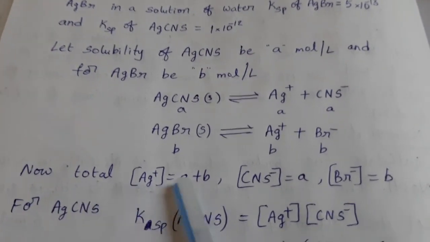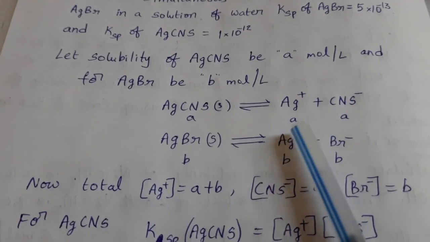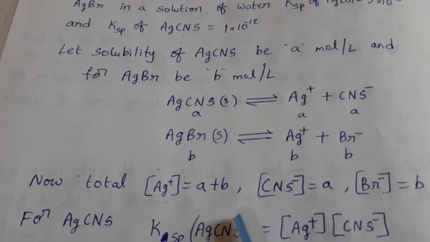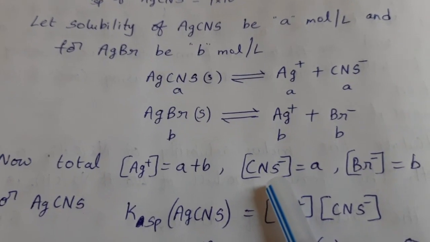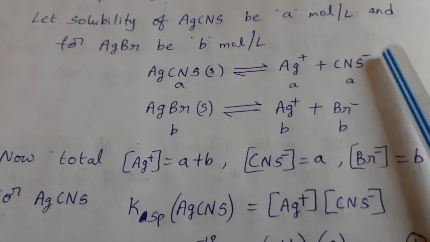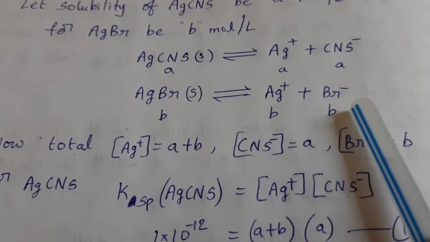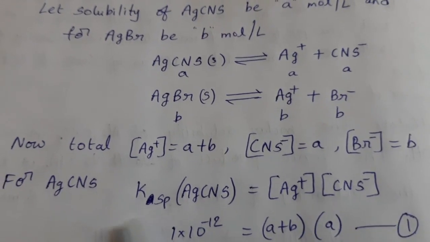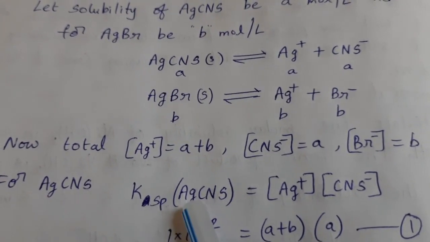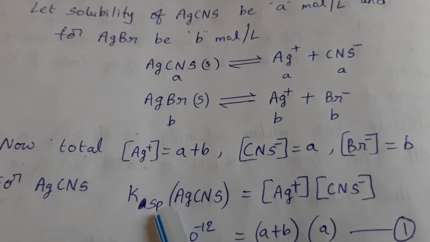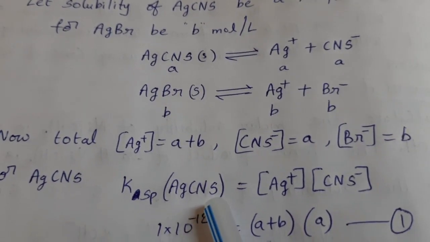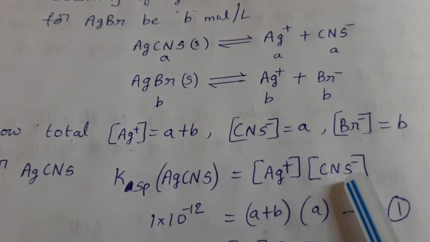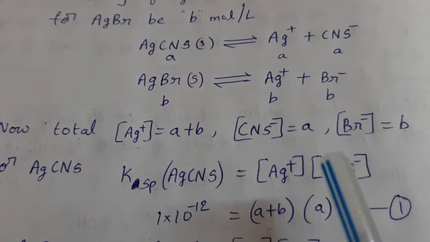Now total silver ion concentration, how can we get it? By adding these two, A plus B. Total CNS minus ion concentration is only this, so A. Bromide ion concentration, B. Now for AgCNS, the solubility product Ksp of AgCNS equals silver ion concentration into CNS minus ion concentration.